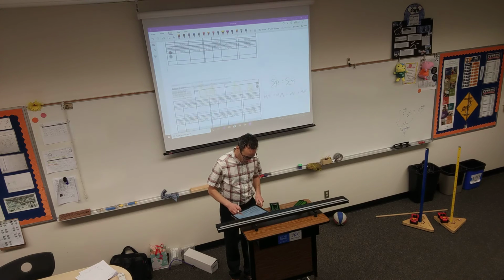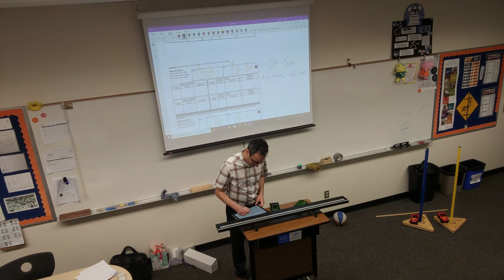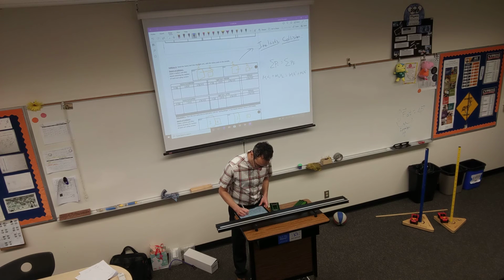Before I go on, we call this type of collision an inelastic collision. And that is a collision where kinetic energy is not conserved.